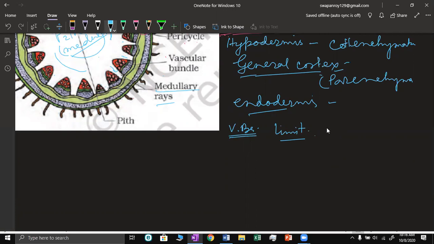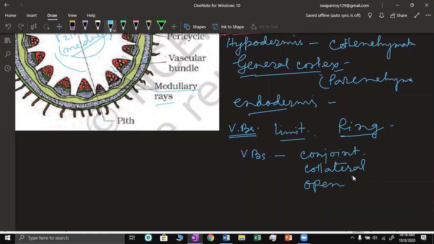The vascular bundles are arranged in a ring, and the vascular bundles are conjoint, collateral, and they are open.